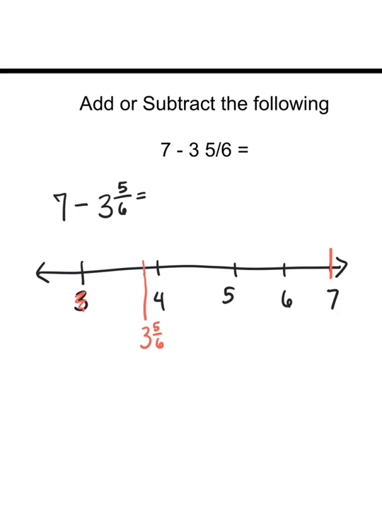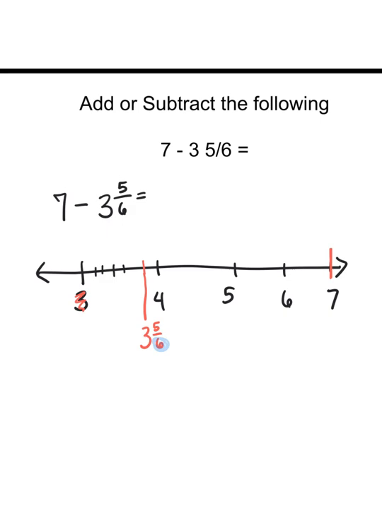We always want to start by looking at our denominator. That tells us that the space in between each whole number is divided into 6 equal pieces. 1, 2, 3, 4, 5, 6.